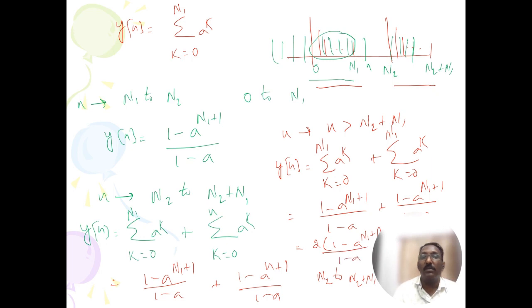So if you observe the final equation, y of n value will be equal to 0 as long as n is less than 0. Its value is 1 minus a power n plus 1 by 1 minus a if n is between 0 less than or equal to n less than or equal to n1.